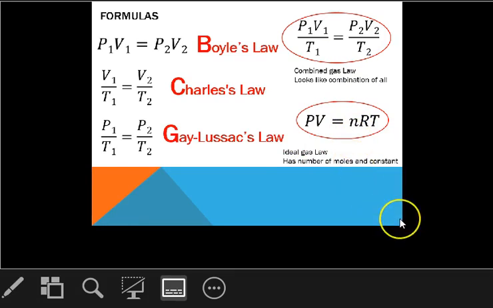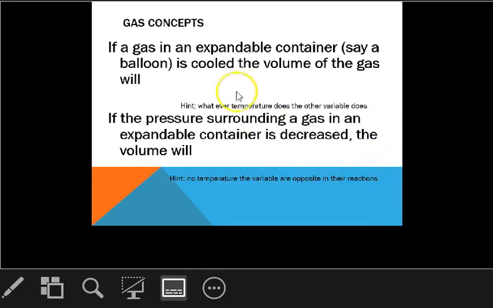Here are some gas concepts that are based on the gas laws. If a gas in an expandable container, say a balloon, is cooled, the volume of the gas will, think back to your lab, we did this. If you cool down the balloon, what happens to the volume? It decreased.